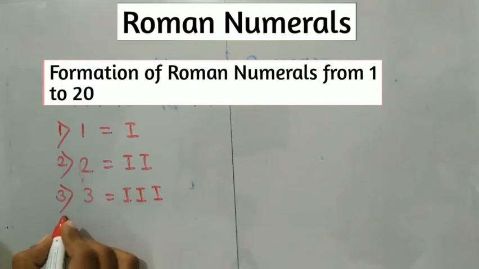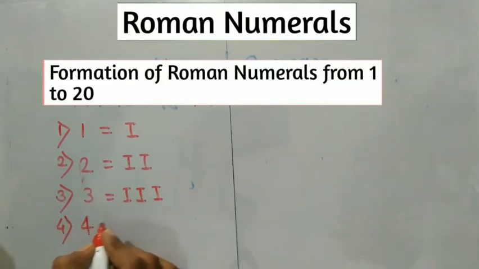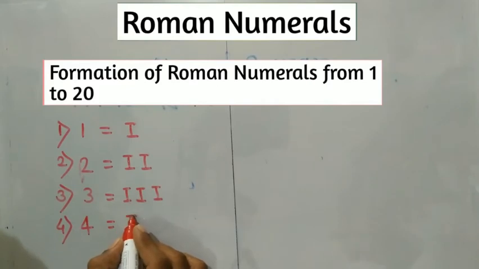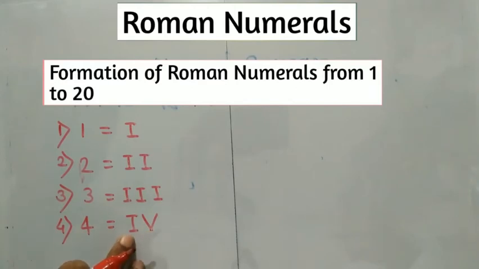If you want to write 4, then we will write I at the left of V. The value of V is 5 and the value of I is 1, and the value of I will be subtracted from the value of V, and we will get the value equal to 4.